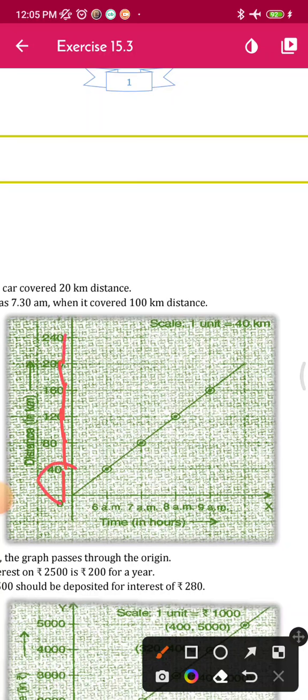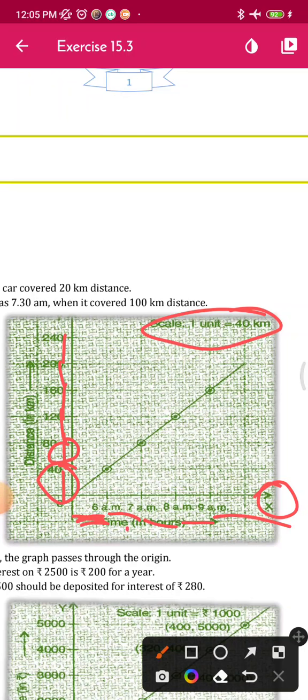That means a single box is representing the data for 1 unit equal to 40 kilometers. Here you can see that. Okay, and in the x-axis, in that direction, first is the origin, then thereafter 6 a.m. is taken, then 7 a.m., then 8 a.m., then 9 a.m., and so on.